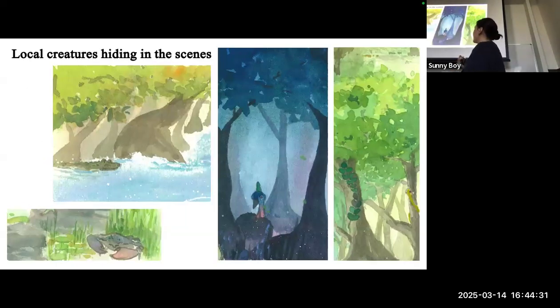And another thing to talk about in the scene design is local creatures. So if you found that while you were listening to the pitch, actually we have a lot of local creatures hiding in the scenes. Like we have a snake on the tree, a cassowary, a crocodile, and a mud crab. All these things are inspired by the Kuku Yalanji website.